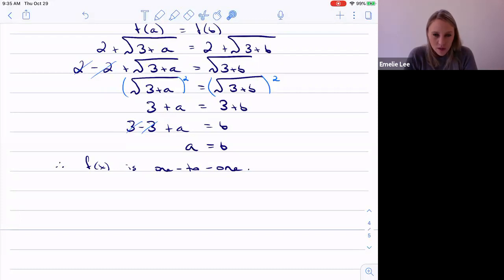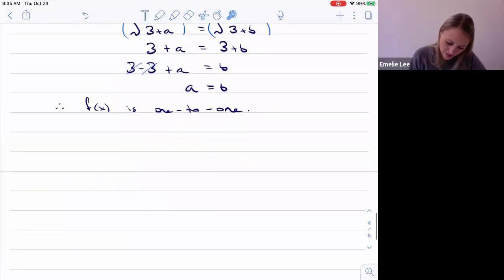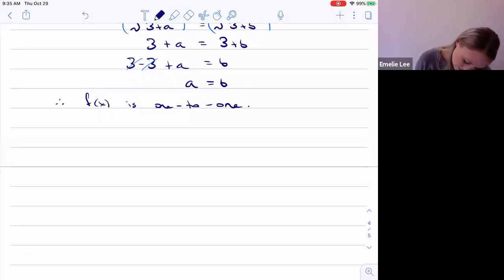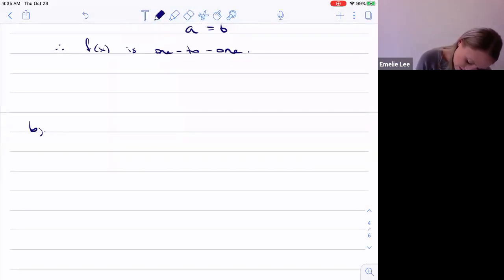We've shown that it's one-to-one. Now we're going to find the inverse. So part B, I'll put it on the next page. Find the inverse of f of x.